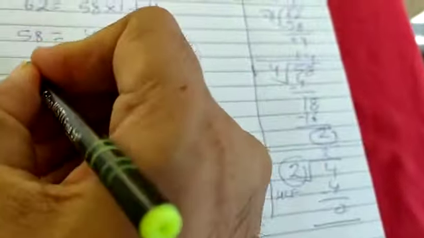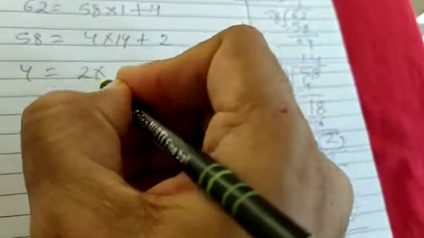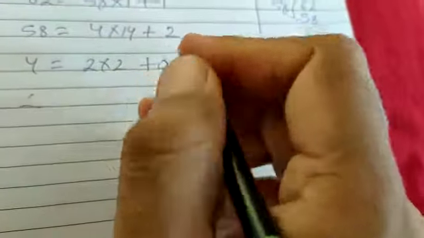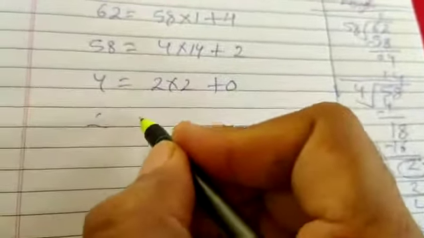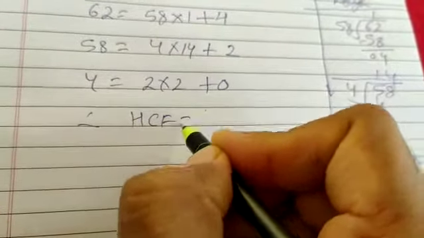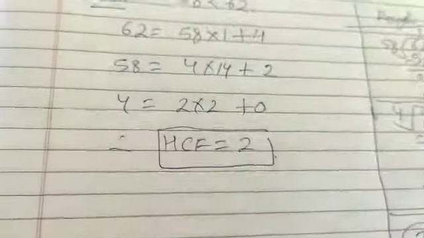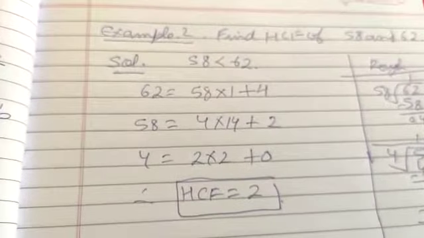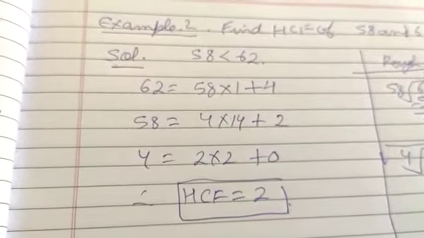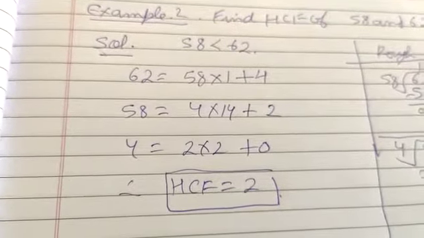Now third step, step number 3, 4 we can write as 4 equal to 2 into 2 plus 0. So therefore, because the remainder is 0, the HCF is equal to 2. This is how we find the HCF of two numbers using Euclid's division lemma.